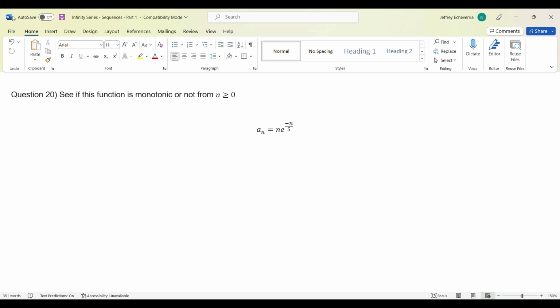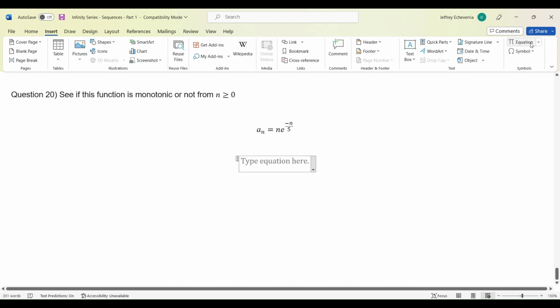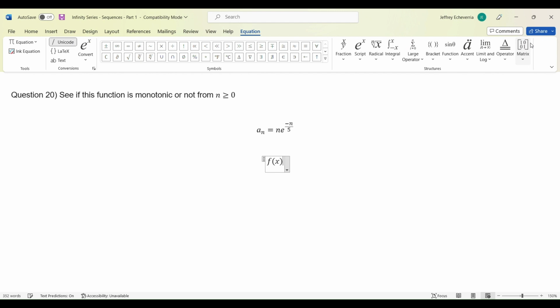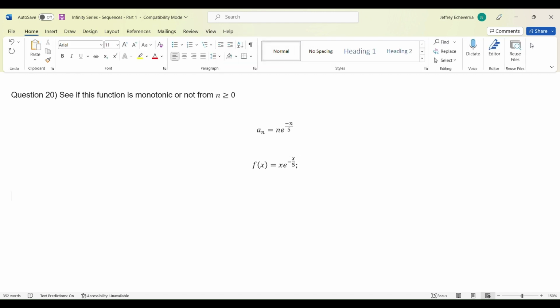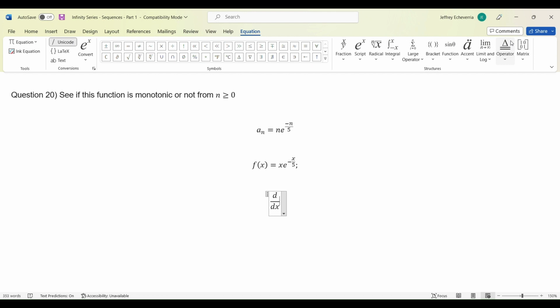For the last question, number 20, see if this function is monotonic or not for n greater than or equal to 0. We will convert this into its continuous form, x e to the negative x over 5. So let's use the product rule. d/dx of g of x h of x equals g prime of x h of x plus g of x h prime of x.